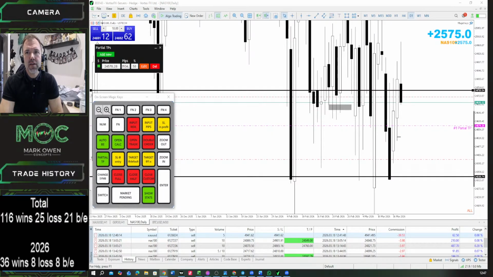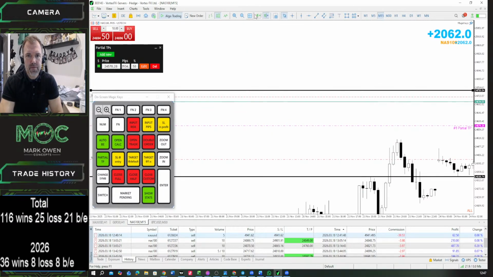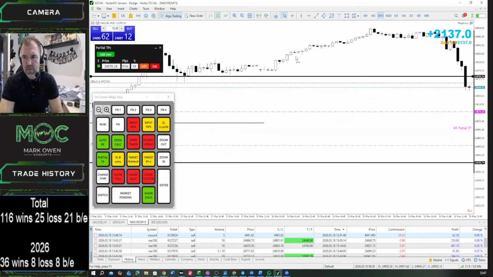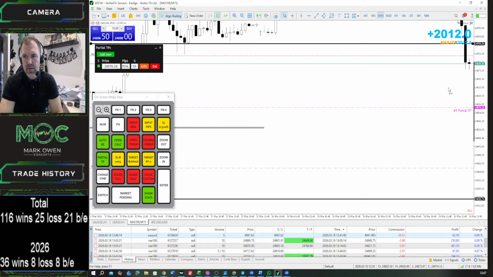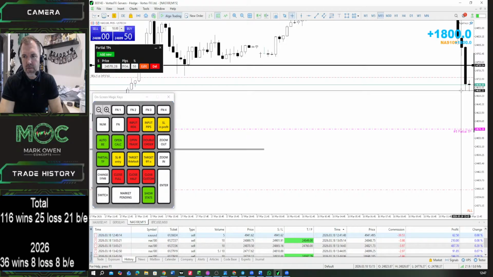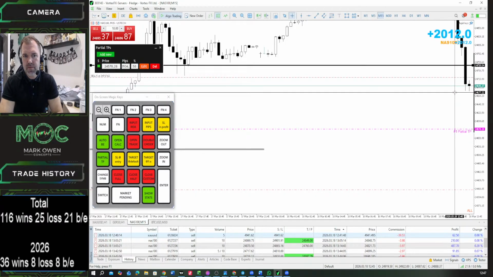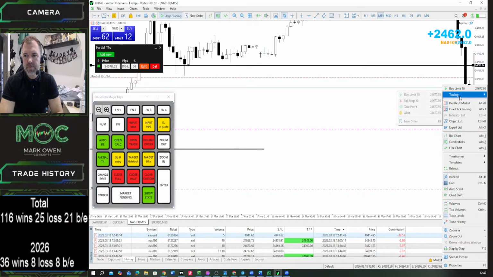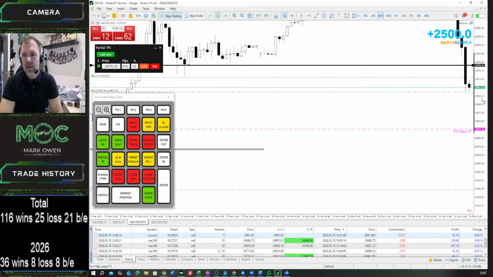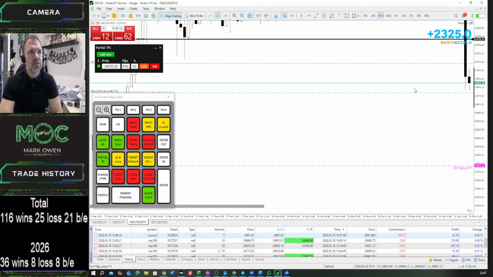Right, who have we got in today? The 15-minute valid as well. Let's have a look. Yeah, you could get another 15-minute sell under their half. Yeah, I will add into that position.